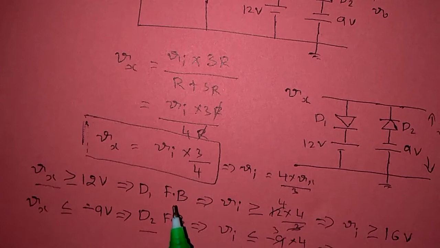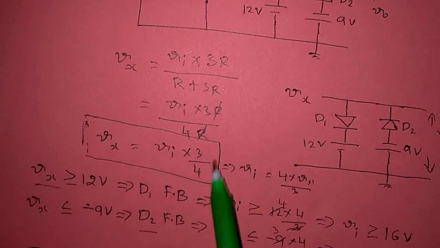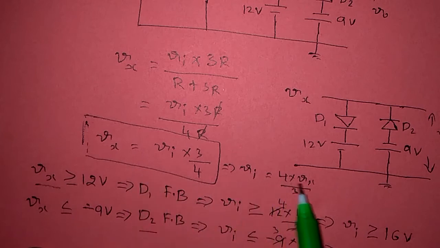But actually our main theme is that we have to compare the input voltage, not the Vx voltage. That's why I took the condition for the input voltage. From this we can write Vi equal to 4 into Vx by 3. So this condition can be rewritten for Vi like that.